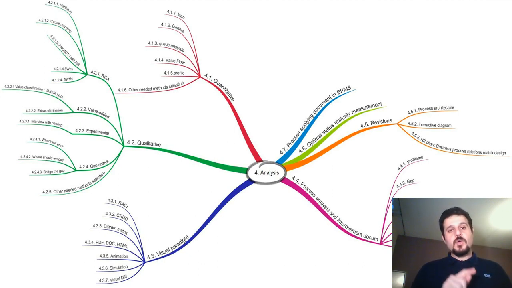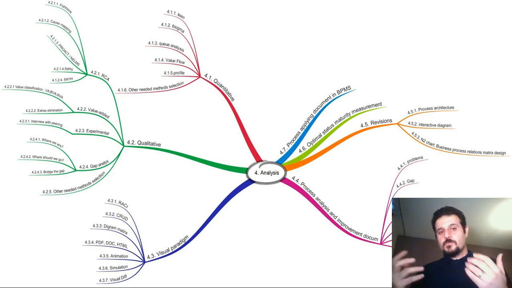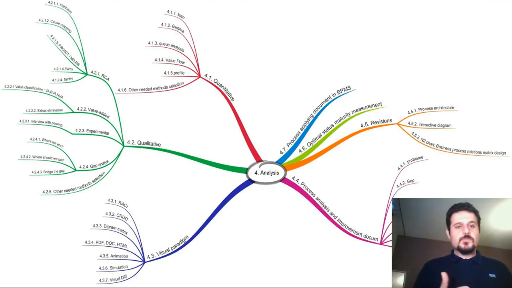It's related to how much data is available. If data is available, like an event log, you can use process mining. If it's not an event log, you can use Lean Six Sigma or other quantitative techniques. If there isn't any data about the processes, you should use qualitative techniques.